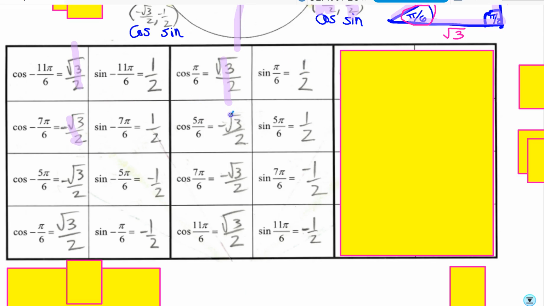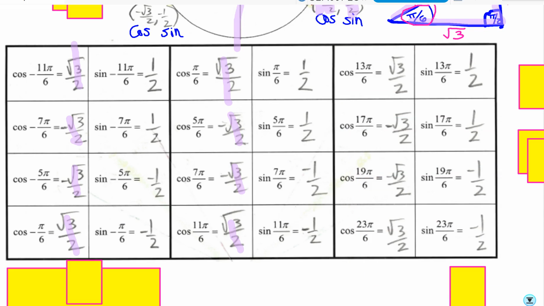Since I'm matching up positive and negative angles in the same quadrants, all of my ratios are going to match. The same thing is going to happen if I go around the circle more than once. If I go around the circle more than once, remember what we talked about, coterminal angles.